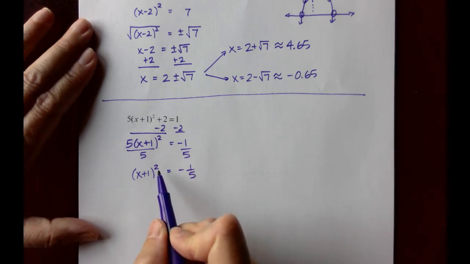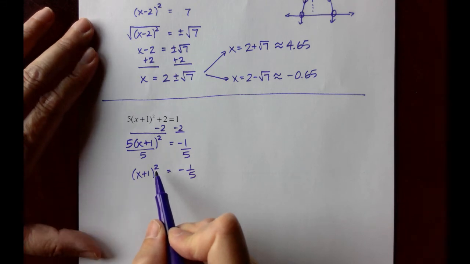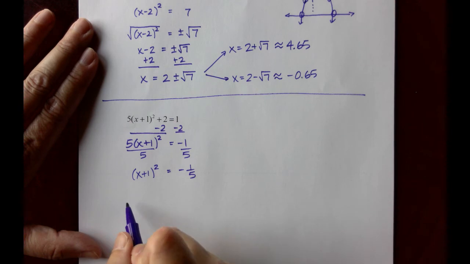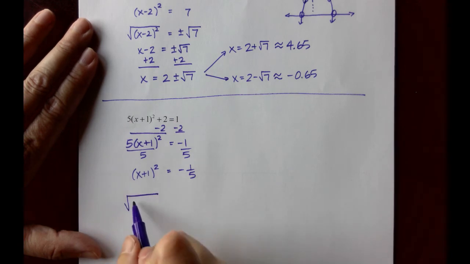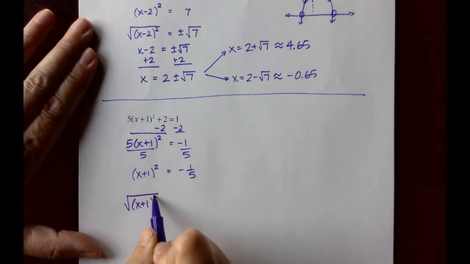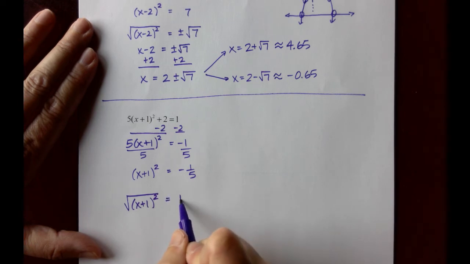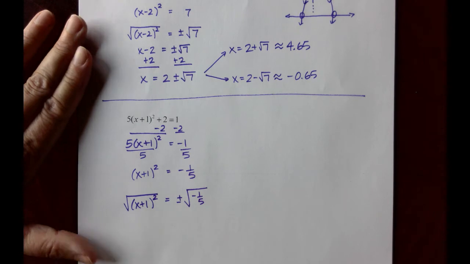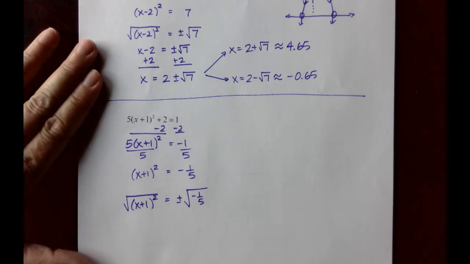To undo the square on the left-hand side of the equation, we'll take the very careful square root of both sides of the equation, so that the square root of x plus 1 quantity squared equals plus or minus the square root of negative 1/5. And when you get here, you should notice we're trying to take the square root of a negative number. And there are a couple ways to handle this.